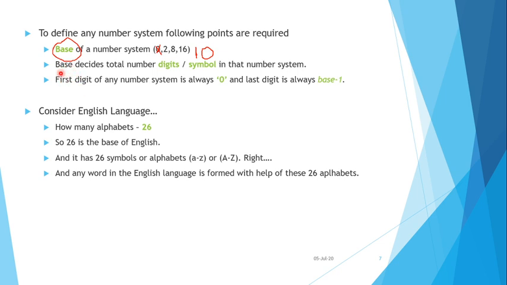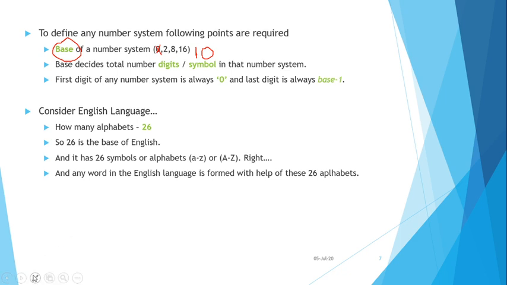Now what is the function of base? This base decides the total number of digits or symbols in that number system. And a very important point here is the first digit of any number system is always 0, right? And the last digit is always base minus 1. Again, if you remember the concept of arrays in C programming language, we have indexing of an array.